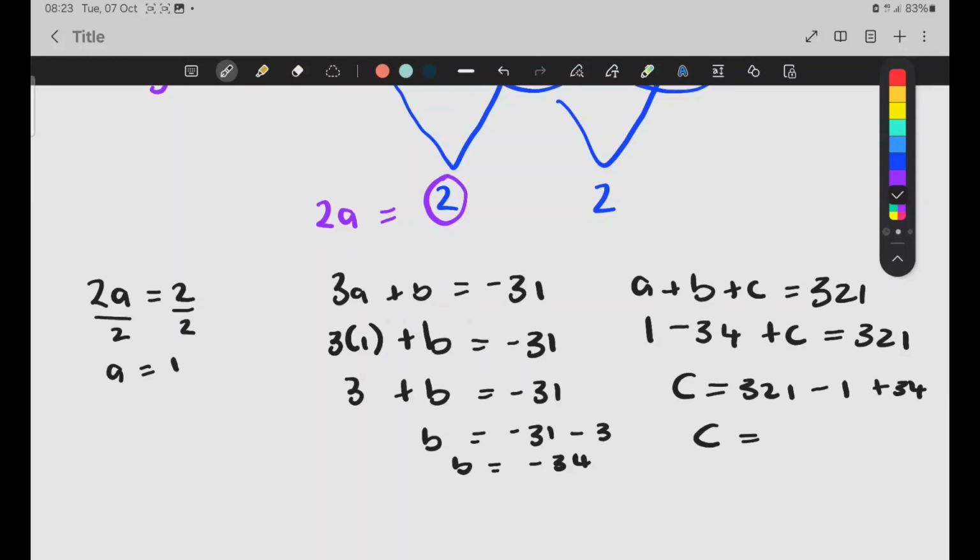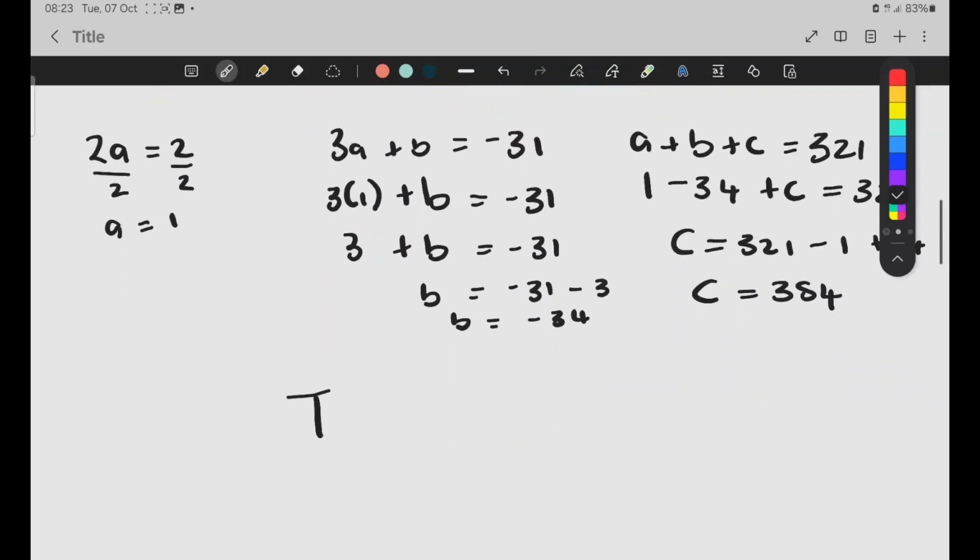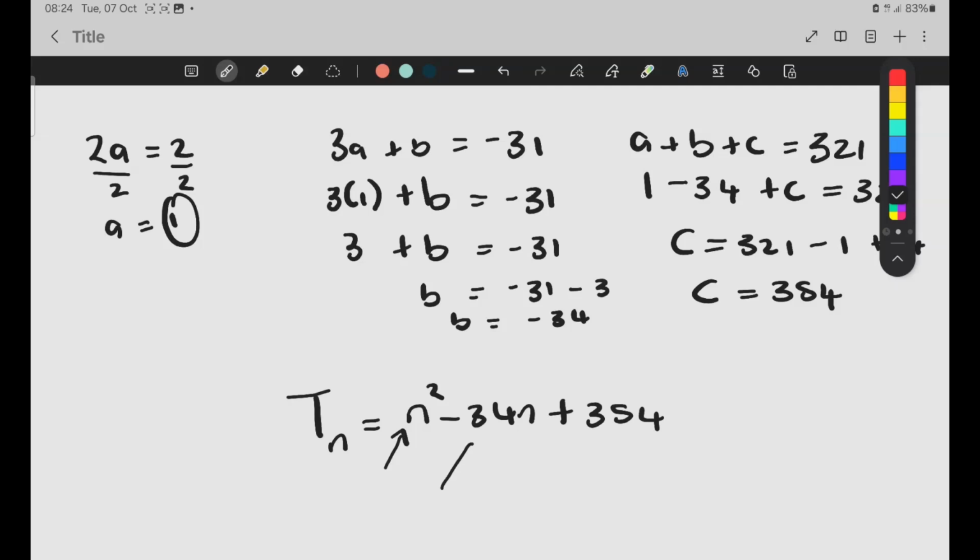So I get c to be 354. So the general term, Tn, is 1n squared minus 34n plus 354. This negative 34 comes from this, and this 354 comes from this.